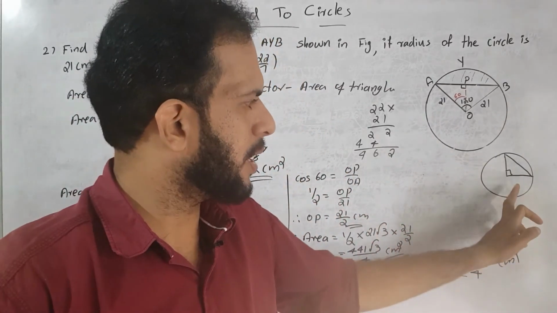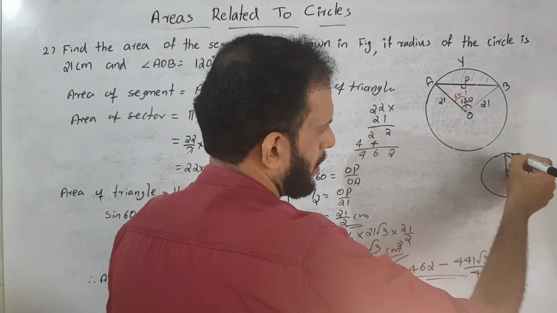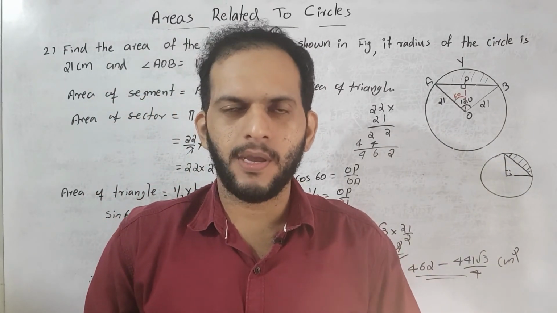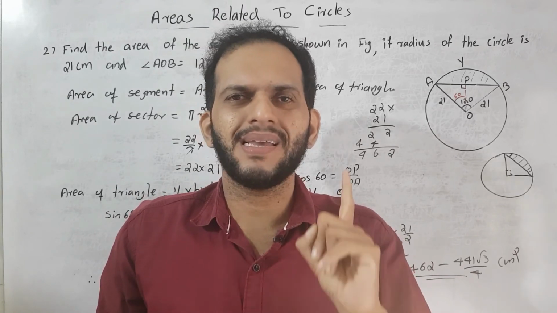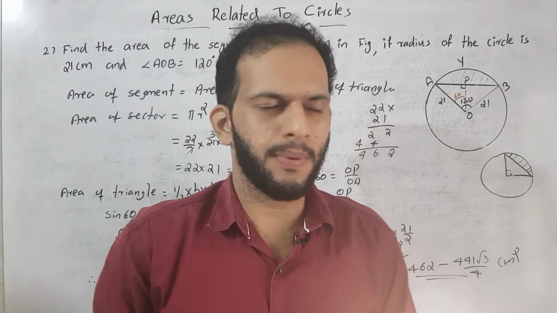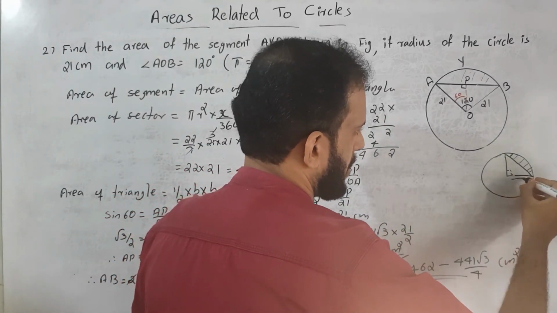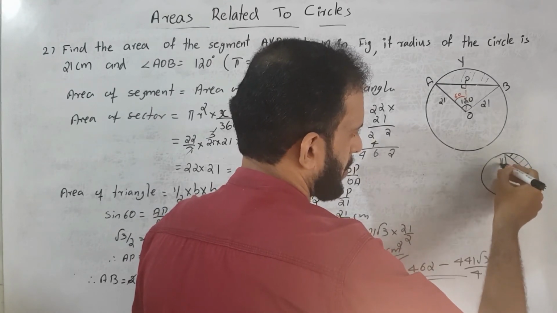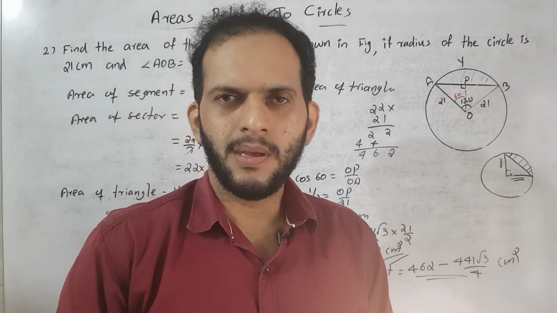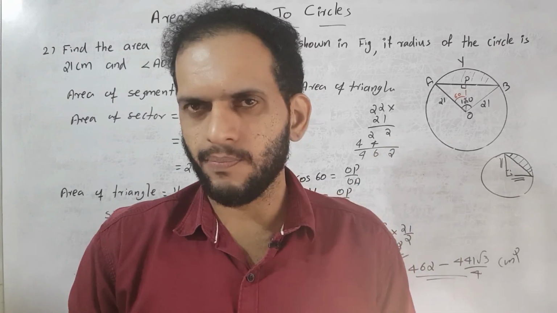Here we do not need to use the idea of trigonometry to find the area of the segment part. It is possible to find the area of triangle directly by half into b into h, because we get a right triangle. This one we consider as base and this one we consider as height. So it is possible to find directly by half into b into h the area of triangle. Is it clear?